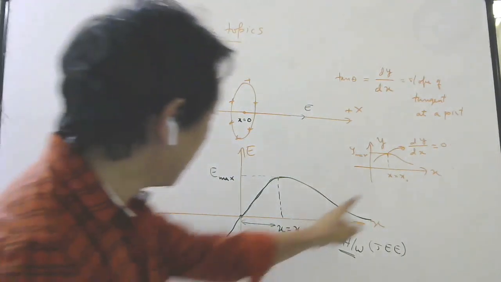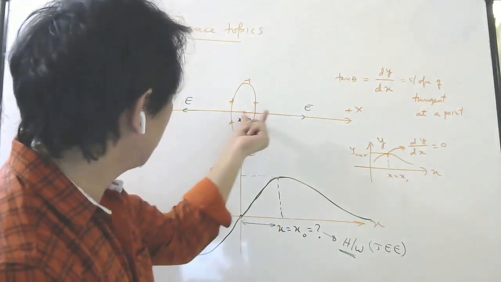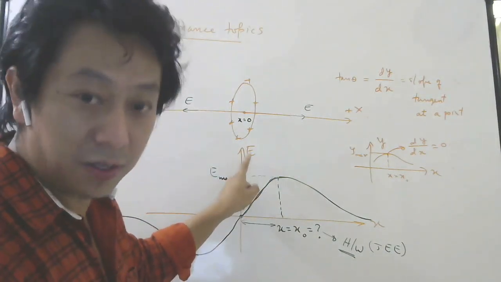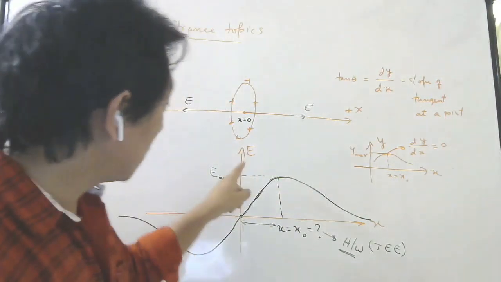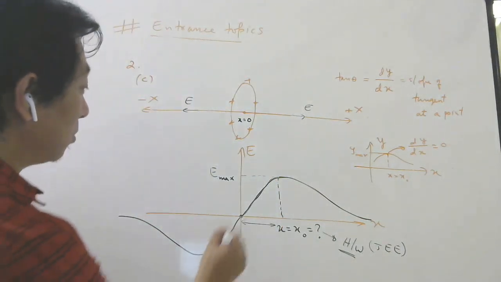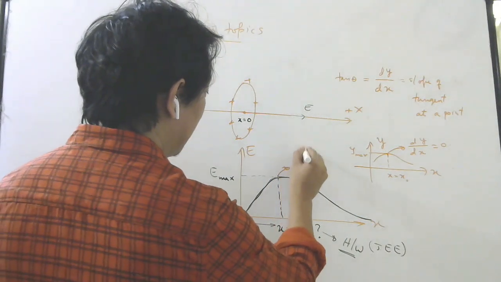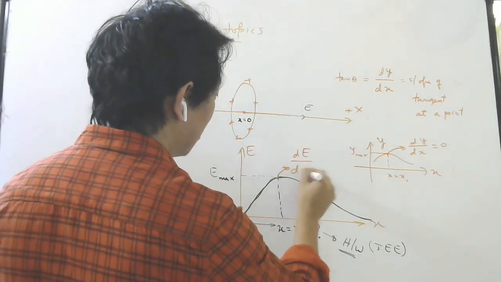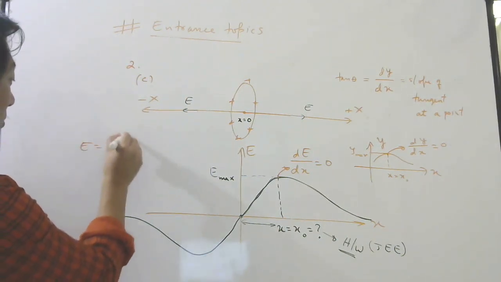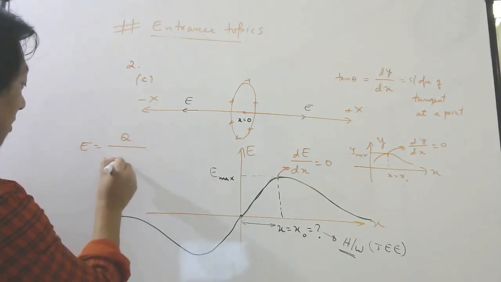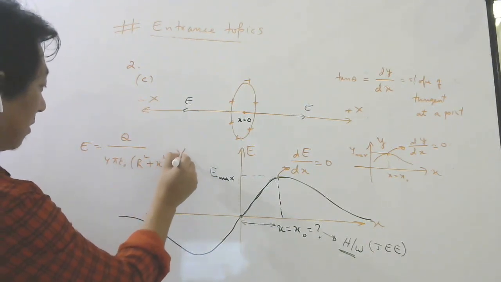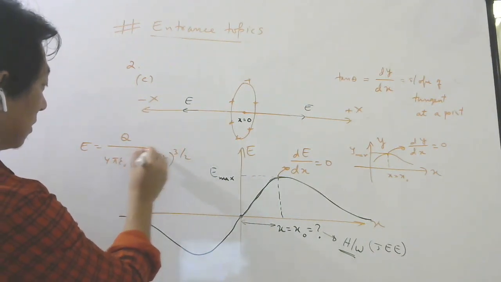We want to find the x, which is the distance from the center where we calculate the electric field. So E is our y here, right? We want to know at what x will E be maximum. So what should you do? Simple. Here your dE by dx should be 0. And E you already know the formula: Q divided by 4 pi epsilon naught (r square plus x square) power 3 by 2, into x.